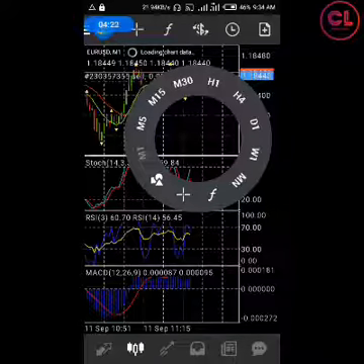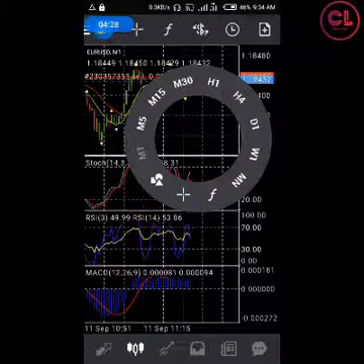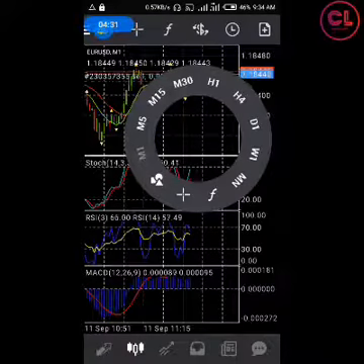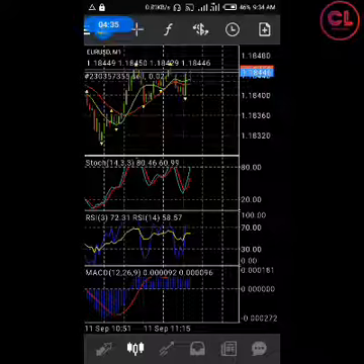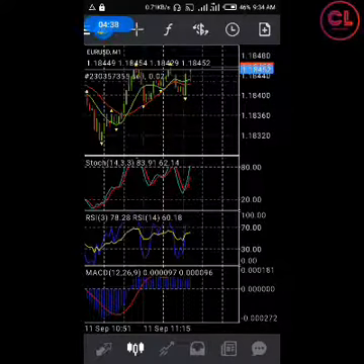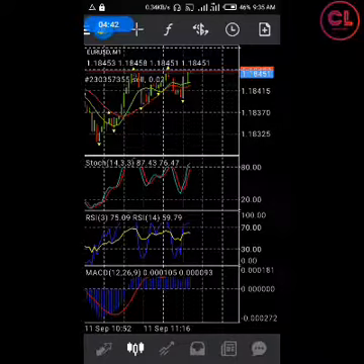D1 is 1 day time frame chart. W1 is 1 week time frame chart, and MN is 1 month time frame chart. So you have to read your charts, like check your charts to know where the trend is going. If it's an uptrend, then you make your decision based on that.